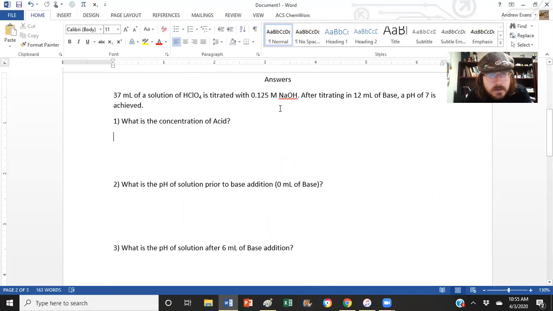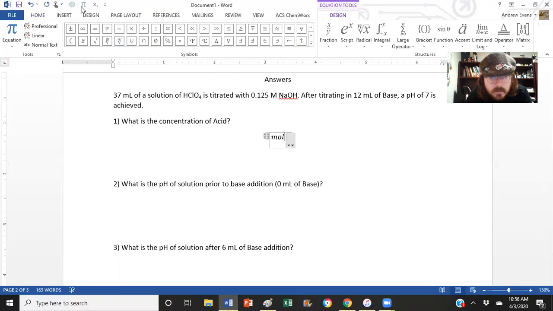So first thing we should note is that after 12 mL of base, pH of 7 is achieved. That tells us the equivalence point is after 12 mL of base. So the moles of acid equals the moles of base at equivalence.